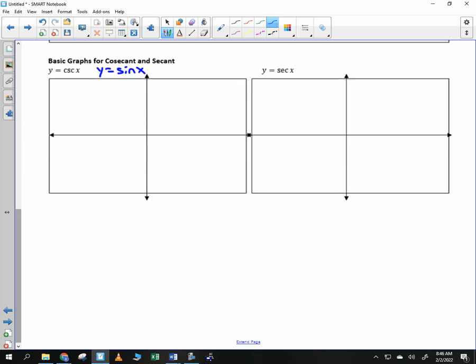But when I start with y is equal to sine of x, just note that we always said that the amplitude is what? Period is 2 pi. Very good. The amplitude is 1.